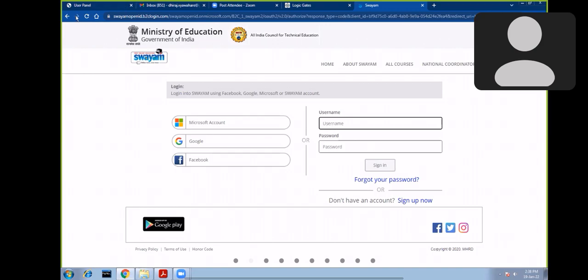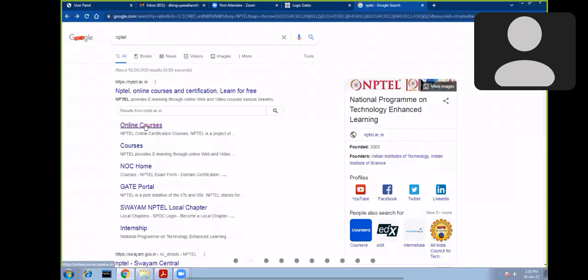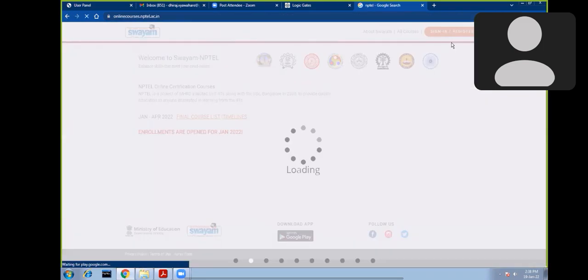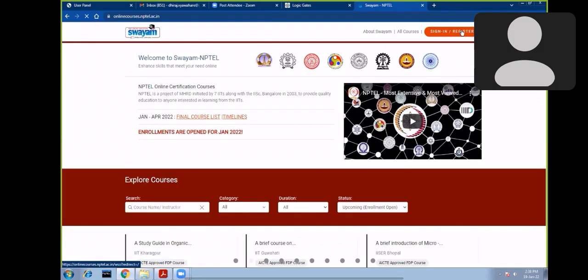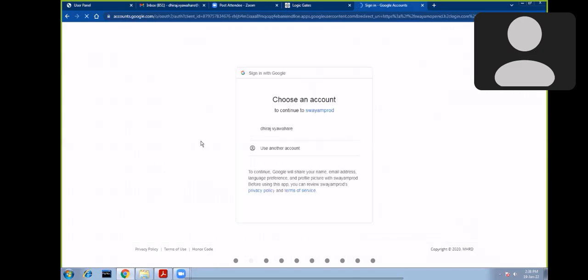If you have to register for any course, here you have to click on register, and when you put your username and password, if you are not registered, you can just register with Google also.